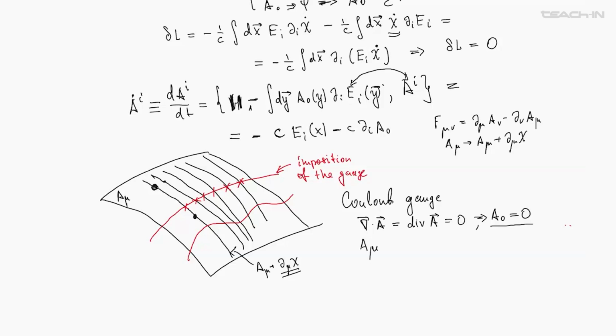And so we see that in this gauge, we clearly understand that our electromagnetic wave has 2 degrees of freedom. Once again, because we need to impose the subsidiary condition, divergence of A equal to 0, this Coulomb gauge, and we solve algebraically for the electromagnetic field, which tells us that A0 is 0.